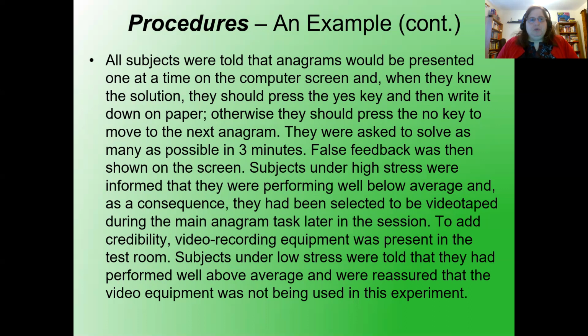Subjects under high stress were informed that they were performing well below average, and as a consequence, they had been selected to be videotaped during the main anagram task later in the session. To add credibility, video recording equipment was present in the test room. Subjects under low stress were told they had performed well above average and were reassured that the video equipment was not being used in this experiment.